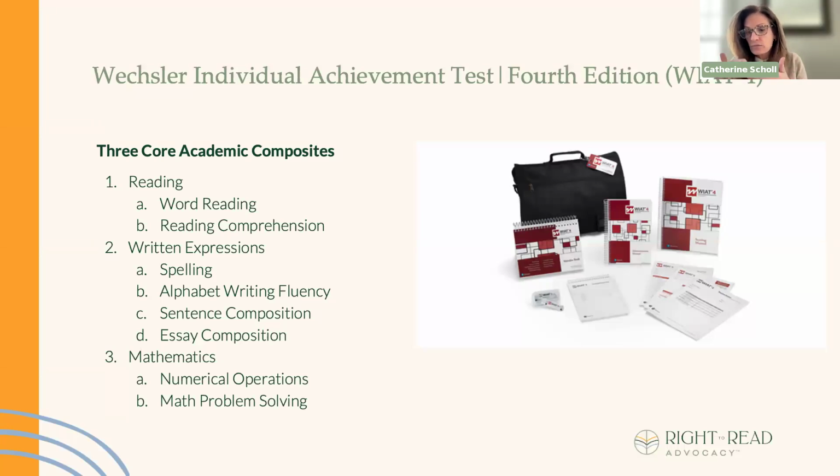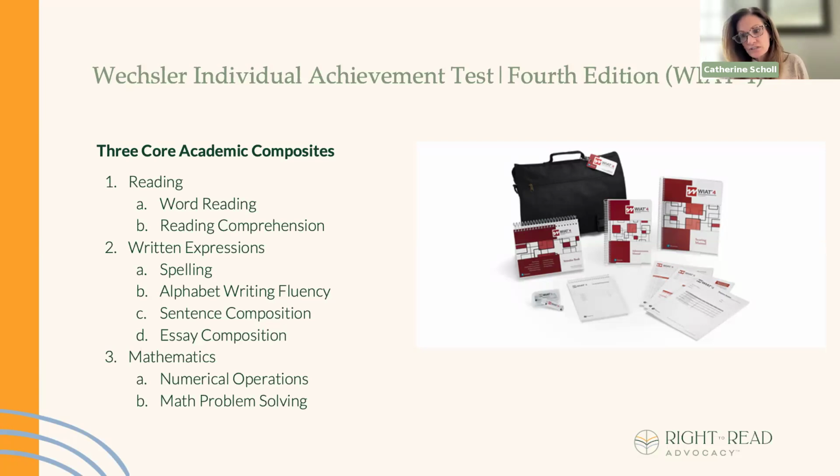And so again, once we get that score, we then assign a label, so to speak, that this child is either falling at average, above average, superior, or below average or poor. And that's another indicator.